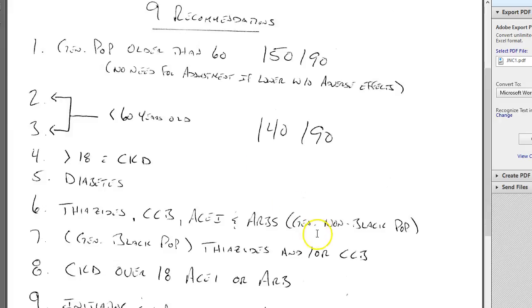So for the general non-black population, non-African American population, your frontline medications are thiazide diuretics. There are different types of diuretics: we have loop diuretics, we have others, potassium sparing. These are thiazide diuretics, calcium channel blockers, ACE inhibitors, and ARBs, angiotensin receptor blockers.